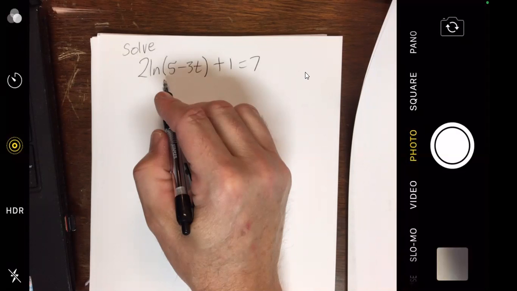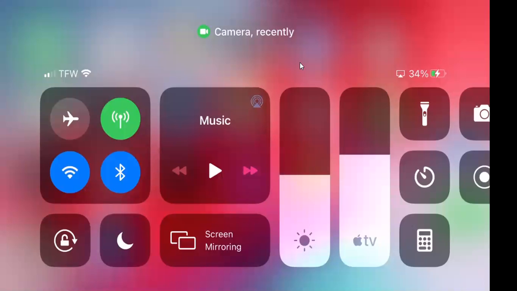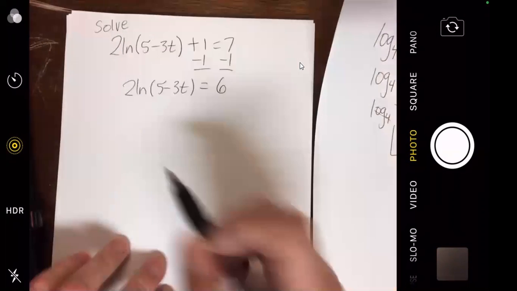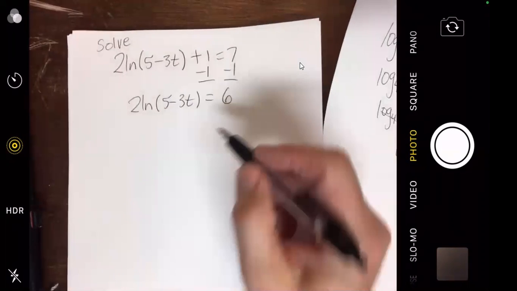Let me see if I can get the camera back. Okay, so we got this step this far.